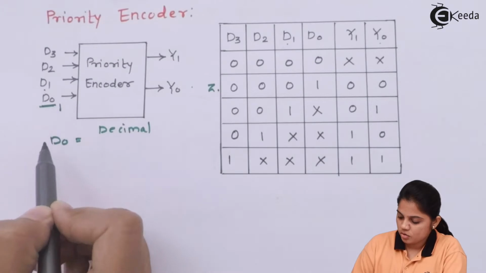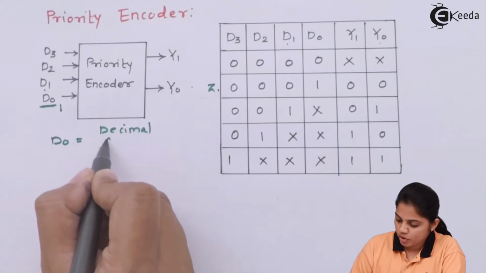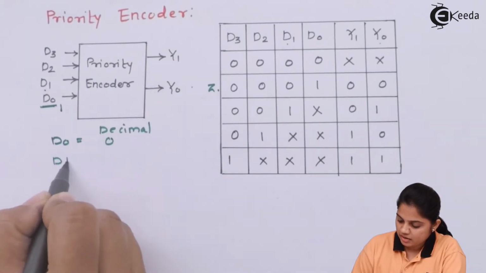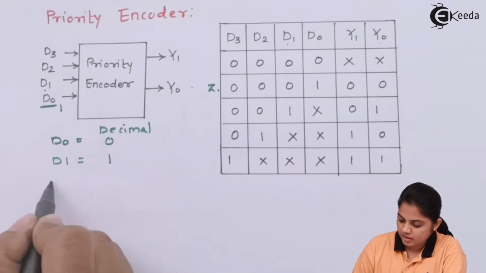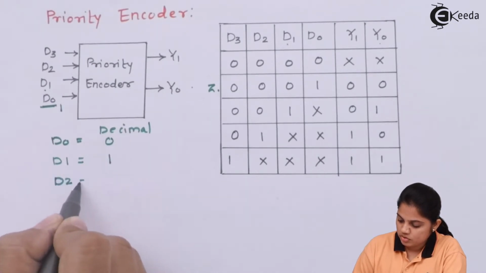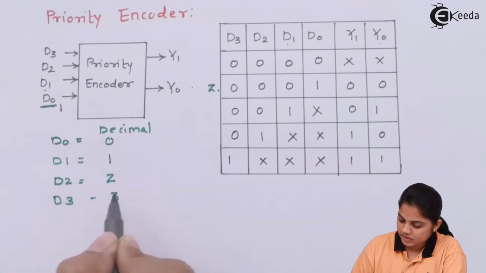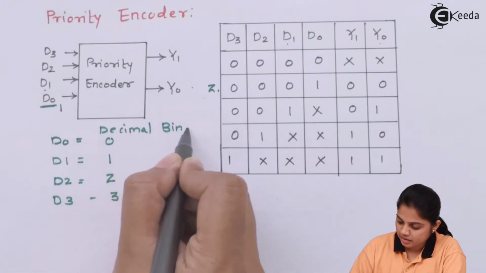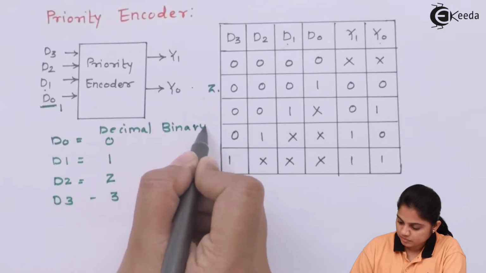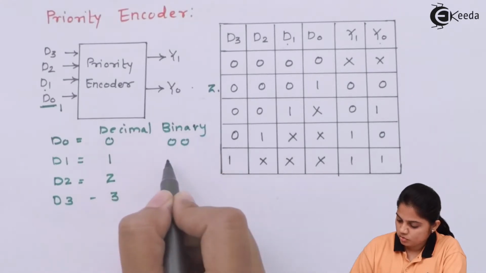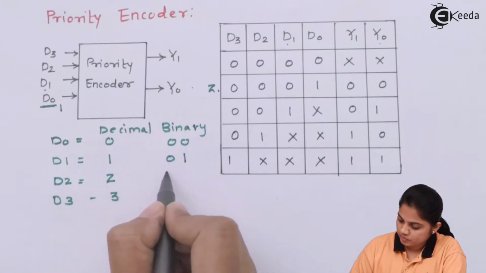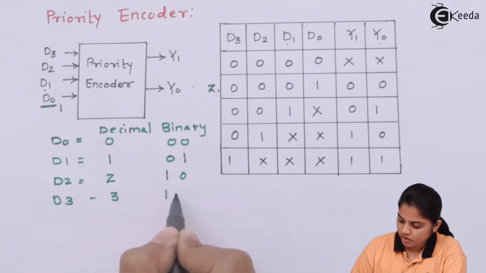Now here D0 denotes decimal 0, D1 denotes decimal 1, D2 denotes decimal 2 and D3 denotes 3. That means if you write in binary, it will be 00, 01, 10 and 11.